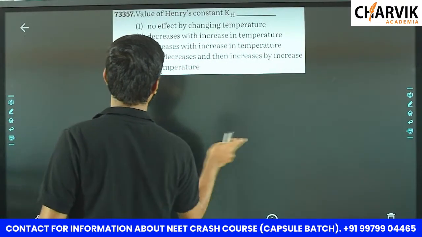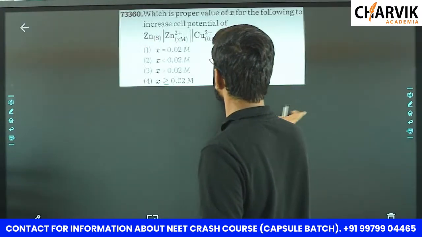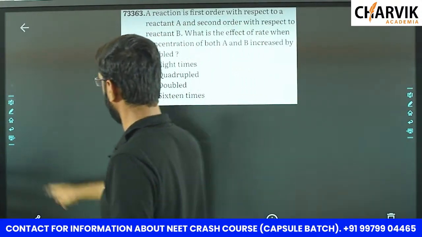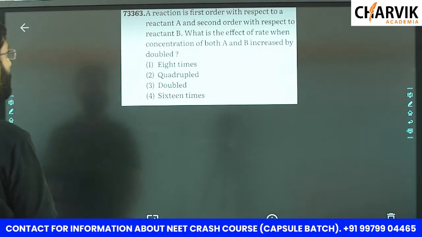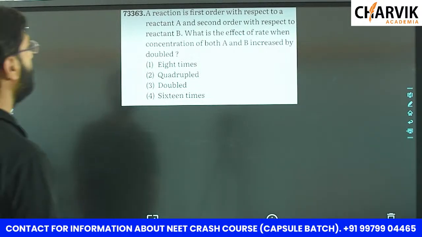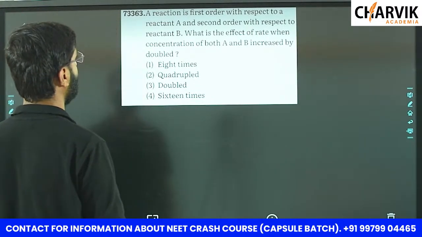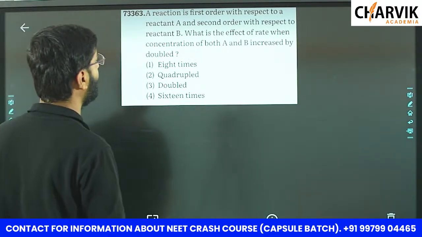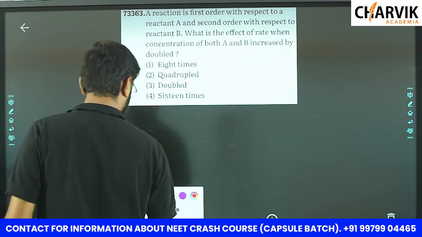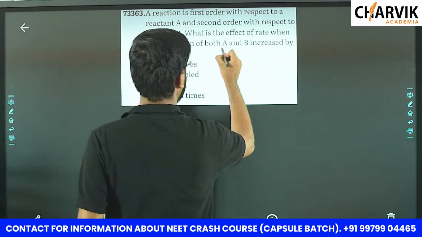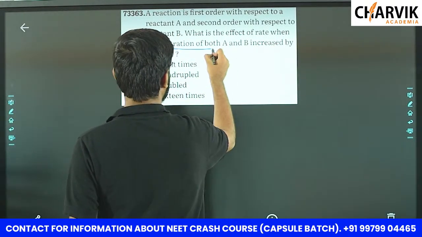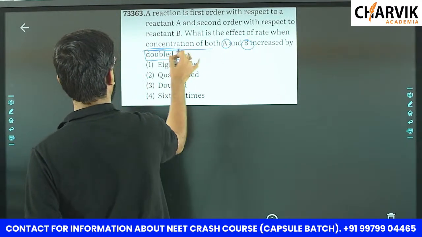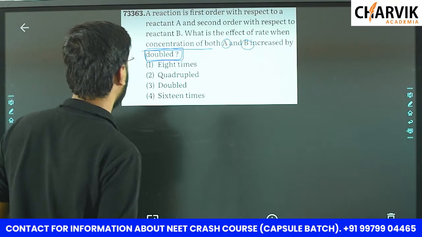Okay, now regular. A reaction is first order with respect to reactant A and second order with respect to reactant B. What is the effect on rate when the concentration of both A and B is increased by double? Okay.